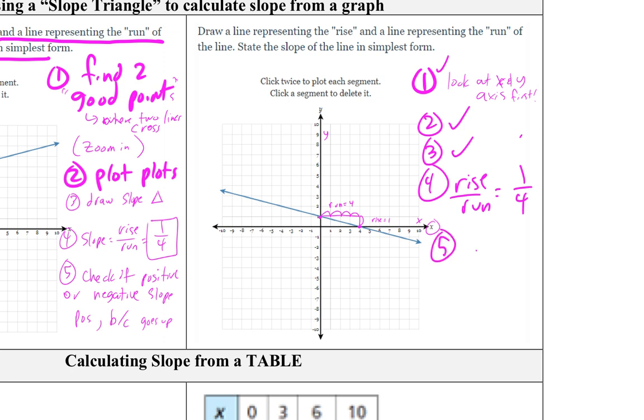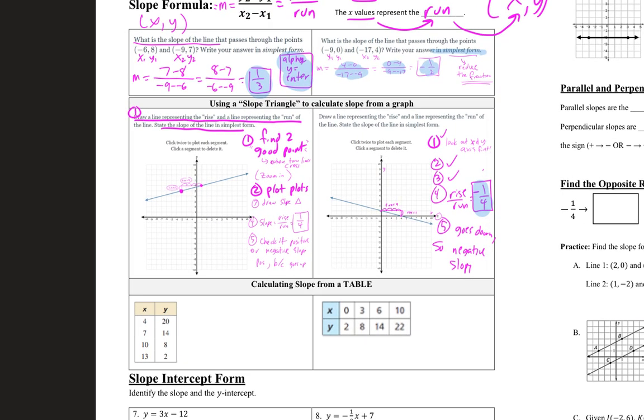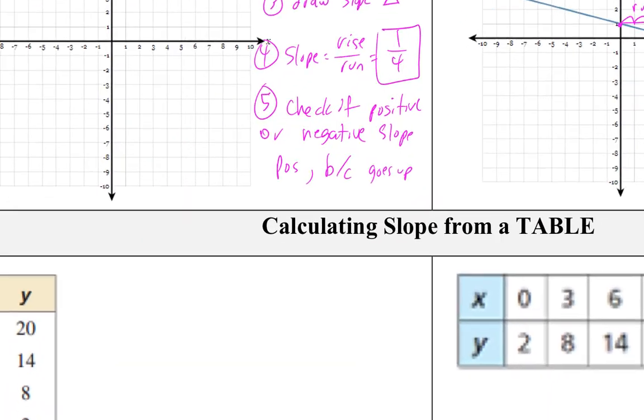And then step 5, it goes down, so negative slope. We have to make sure that we say this is going down because it is a negative slope. We've got a couple practices on that. Just go ahead and do those on Delta Math as well.